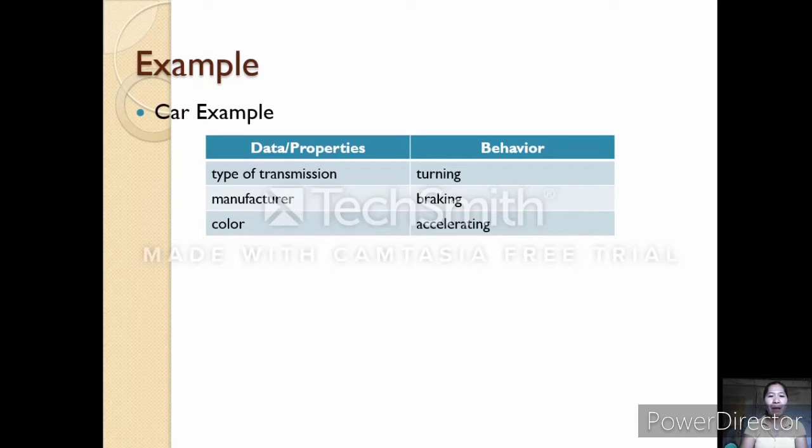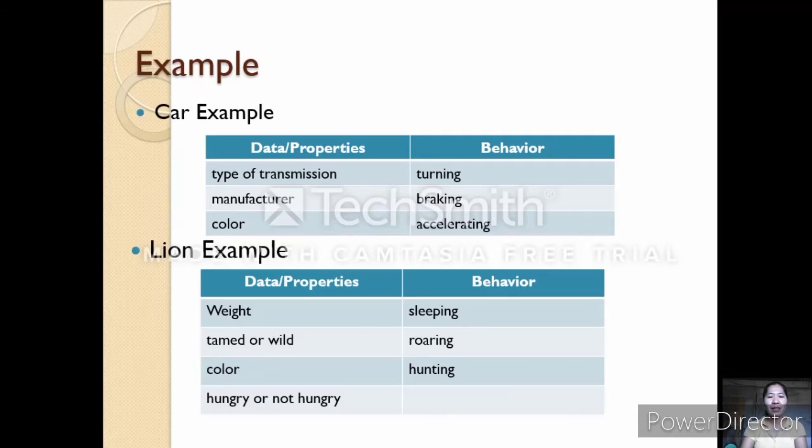For our lion example, we have data or properties: the weight, tame or wild, the type of animal, color, hungry or not hungry. And then the behaviors: sleeping, roaring, and hunting. As you observe, guys, behaviors or methods are all verbs. Okay? And the properties or data are those things that characterize our object.